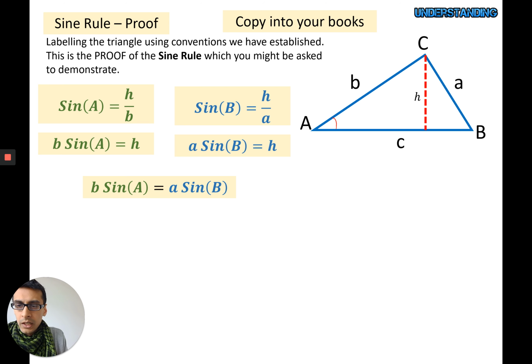Now this time I'm going to rearrange this. So I'm going to divide this by sine A, and I'm going to divide this by sine A, just like an equation.